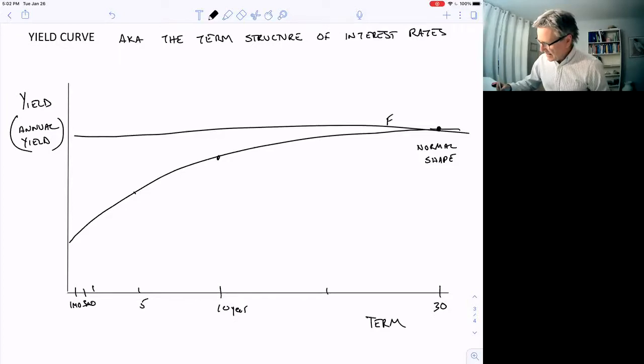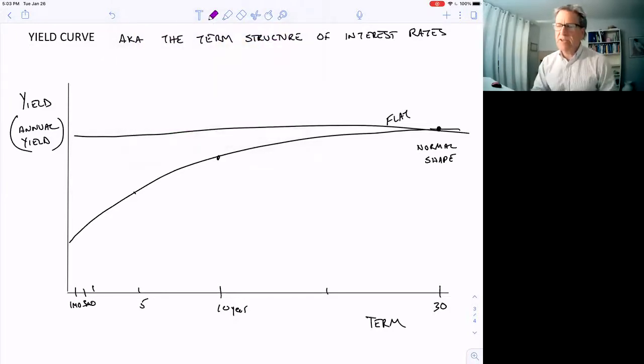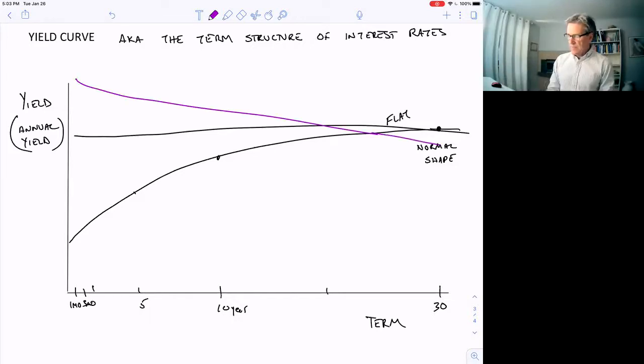So this is a flat yield curve. And it means that the long-term bonds' interest rate, the yield on them, is the same as the short-term ones. And once in a while, we'll actually see the short-term bonds have a higher interest rate or higher yield than the long-term bonds. So it looks something like this. This is known as an inverted yield curve.